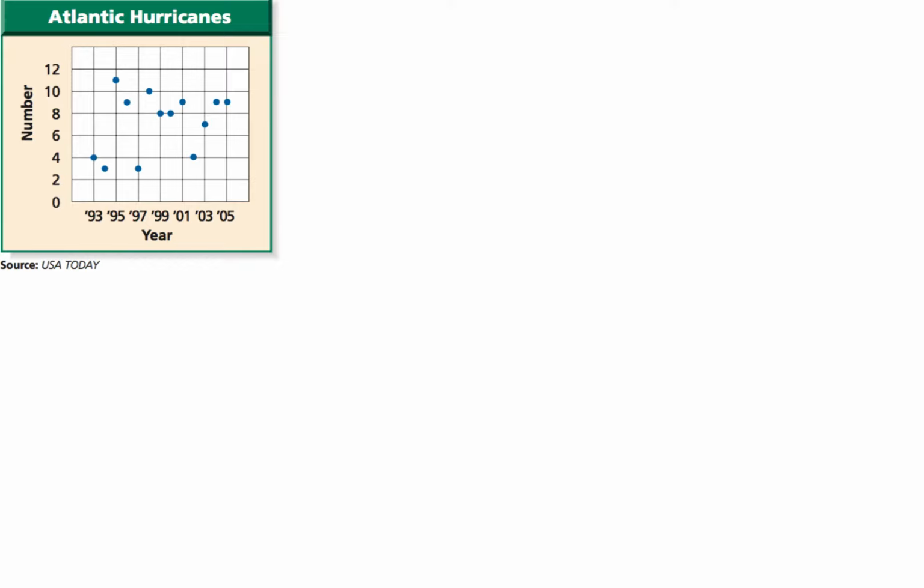On this, from my point of view, there is no correlation. And I would describe this as the number of hurricanes in the Atlantic tend to jump around from year to year, sometimes being a high number, sometimes being a low number. It depends a lot on the weather patterns for that year.